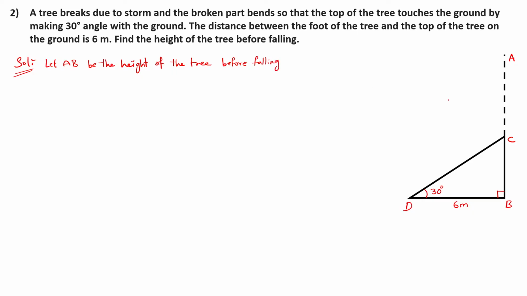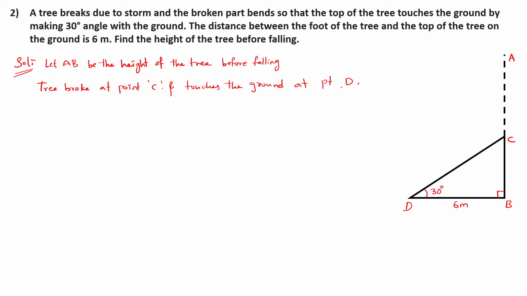So AB is the height of the tree before falling down. Okay, right. Next, let the tree broke at point C. Consider that at point C the tree broke and touches the ground at point D.